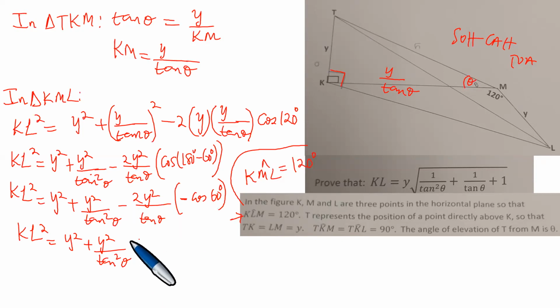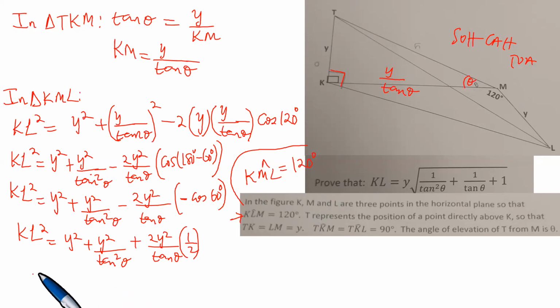The negative by the negative becomes a plus. You have exactly 2y squared divided by the tangent of theta. So the cosine of 60 degrees is 1 over 2 from the special triangles, and we have this result here.